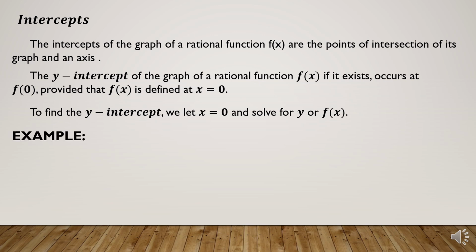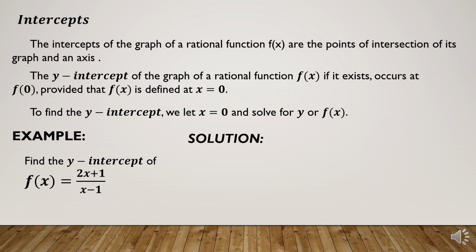Example, find the y-intercept of f of x equals 2x plus 1 all over x minus 1. To find the y-intercept, again, we will let x equal 0. Then we will substitute the value of x into the given function. So we have f of 0. Then simplify.